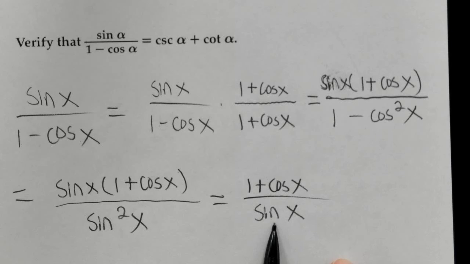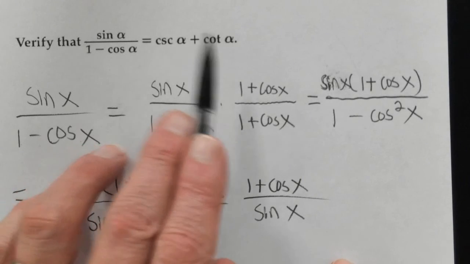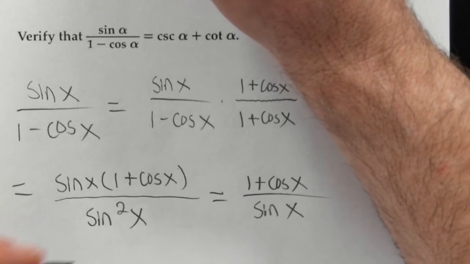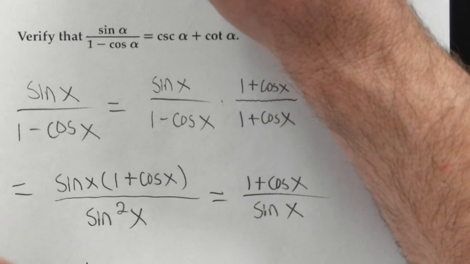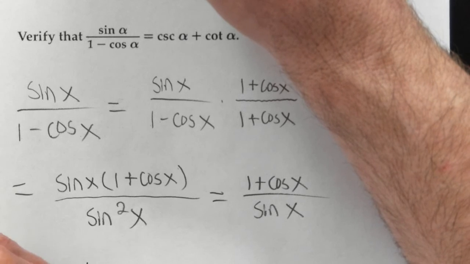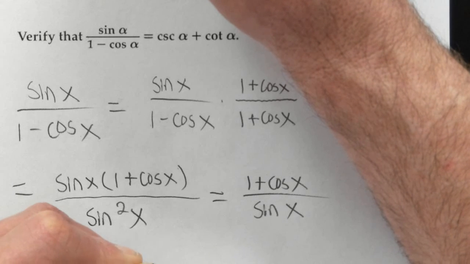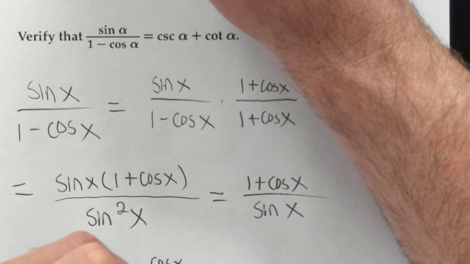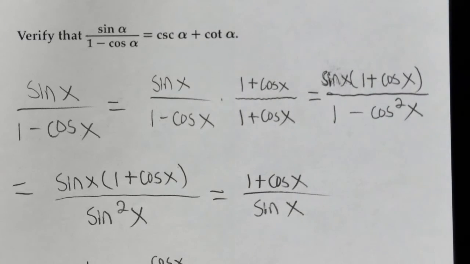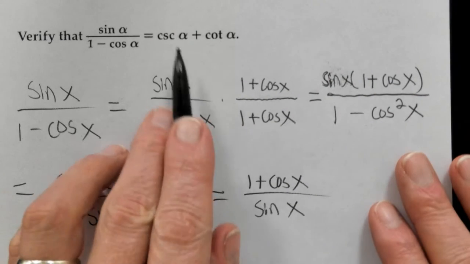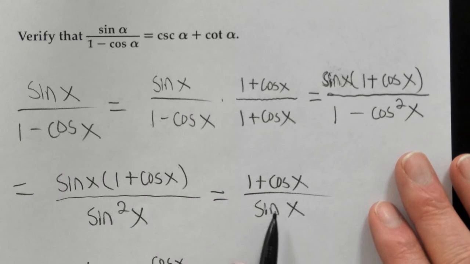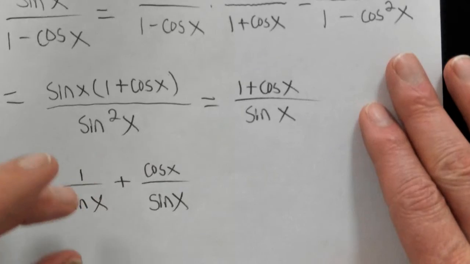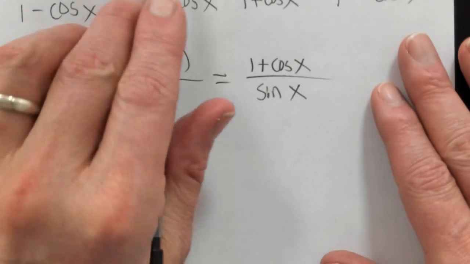What would actually help, and remember this is 2 terms in the numerator, is if I take this numerator and split the fraction. That'll be 1 over sine x plus cosine x over sine x. Now typically the guide is to put the fractions together, but in this case we need to take this from 1 term to 2 terms, and now I can change these individually with identities, which will get me where I want to go.